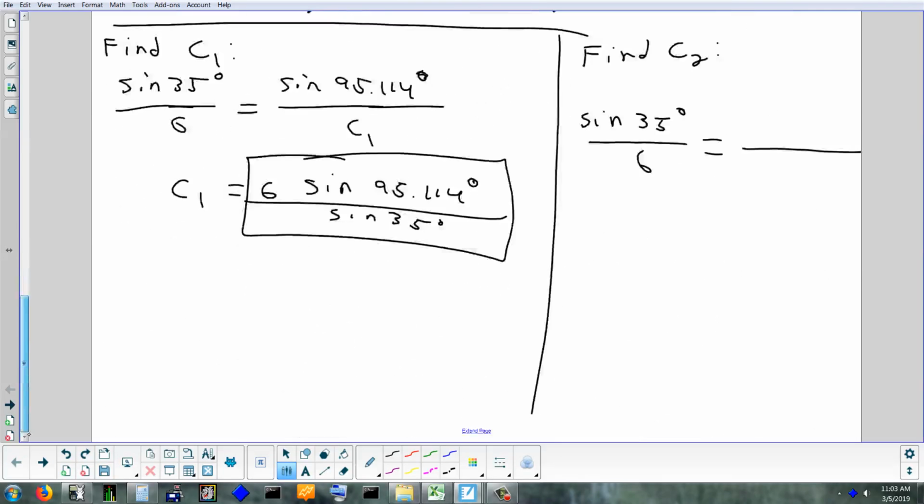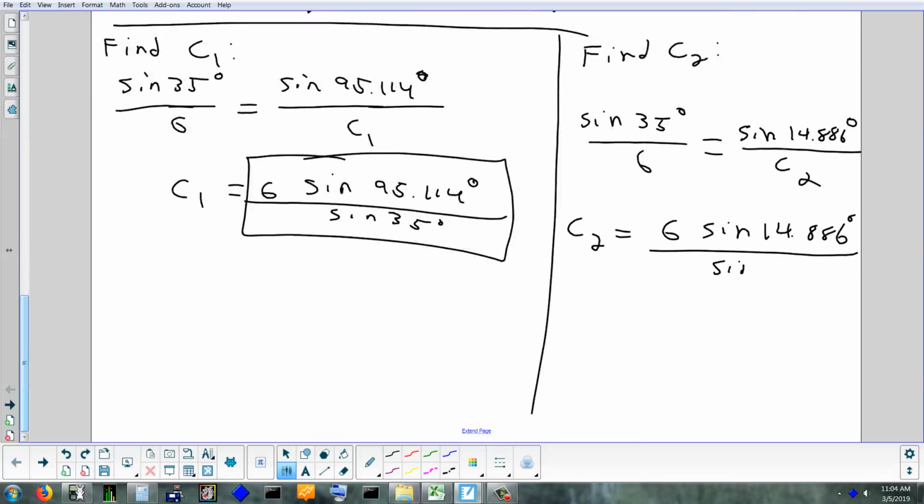Yep. So sine 14.886 over C2. And we cross multiply just like we did on the left. So it's 6 sine 14.886 over sine 35. That's your answer for C2.